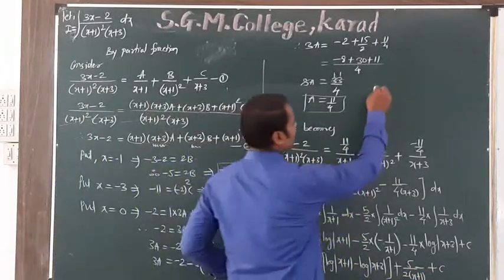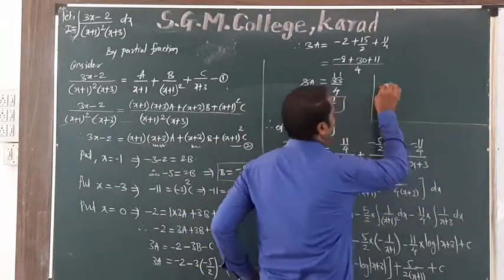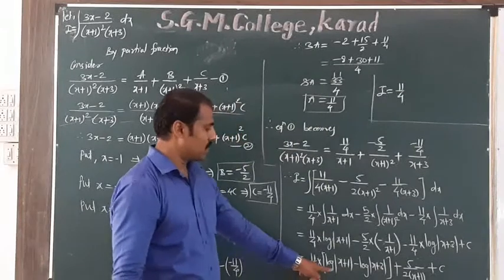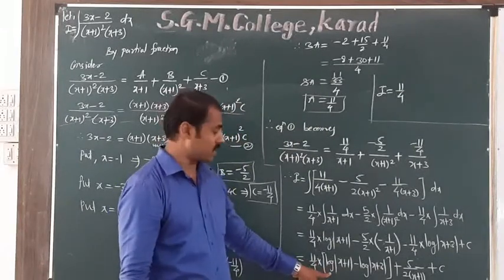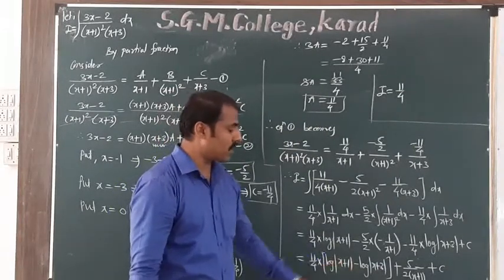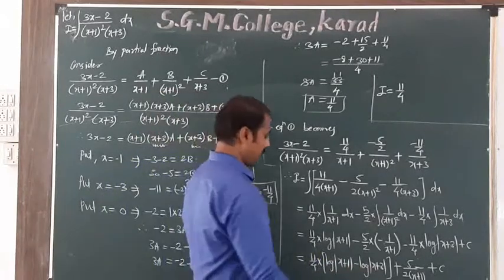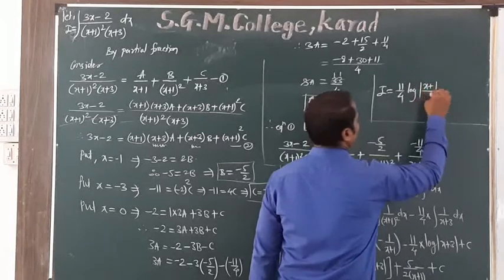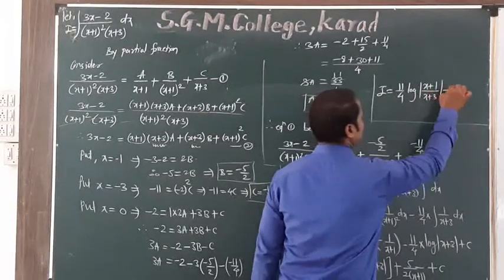I can write here the final answer: I is equal to 11 divided by 4 into, using laws of logarithms, log m minus log n is log m upon n, so log of mod of x plus 1 divided by x plus 3.